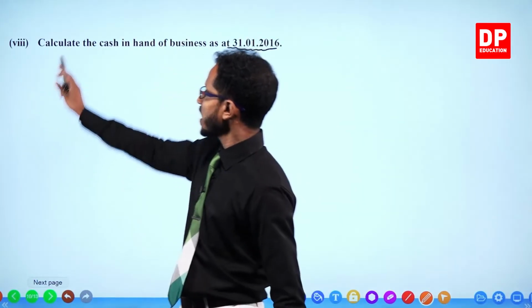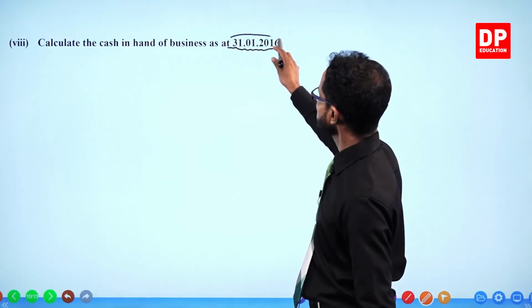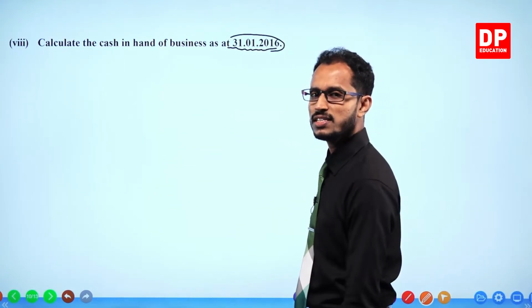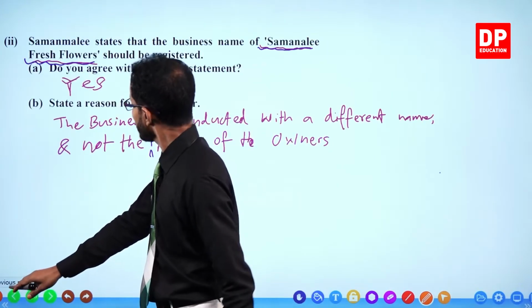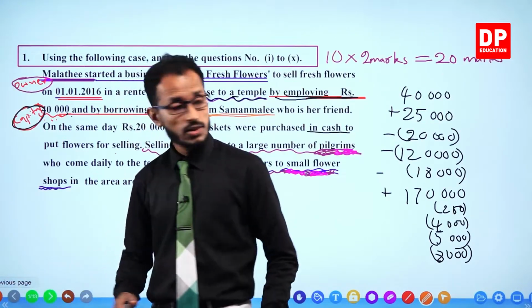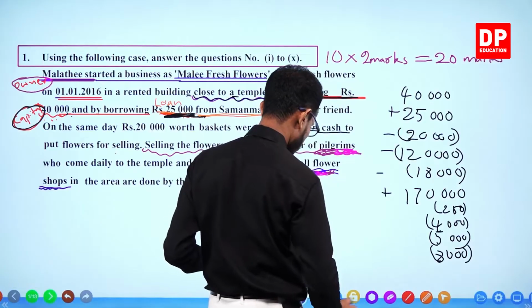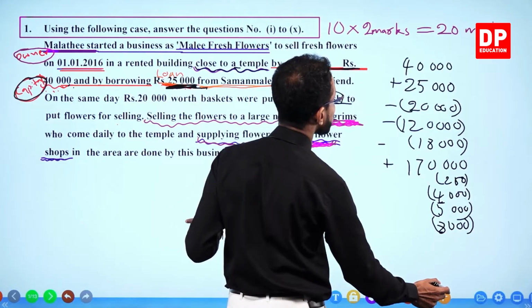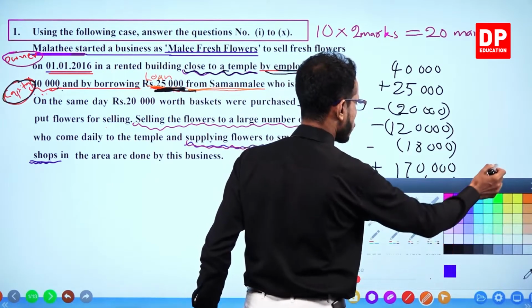Question is asking calculate the cash in hand as at 31st January, end of the January month. You do the calculation and get the answer.